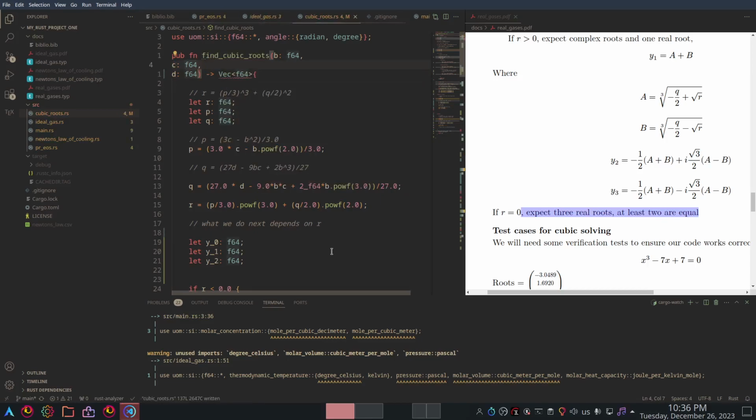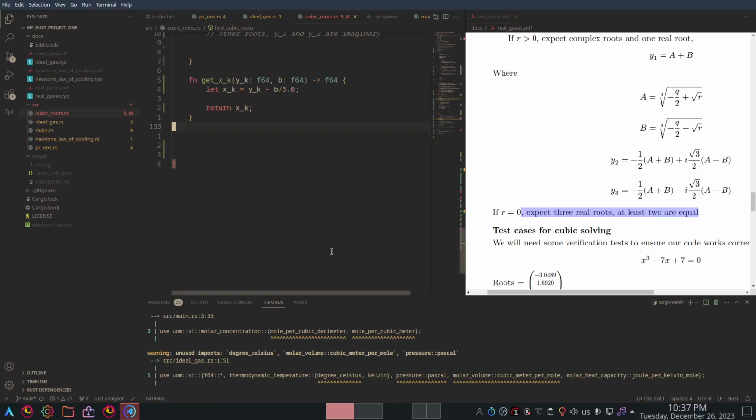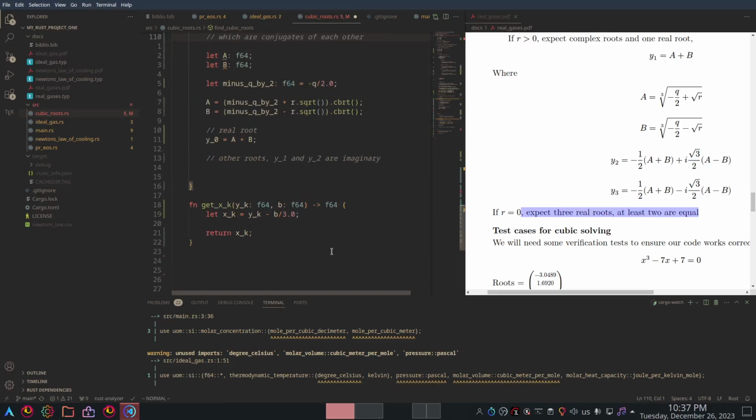This vector of f64 means you can return 3 float 64 values, or 1 float 64 value. That's one way of doing it, and that is definitely the simplest way.